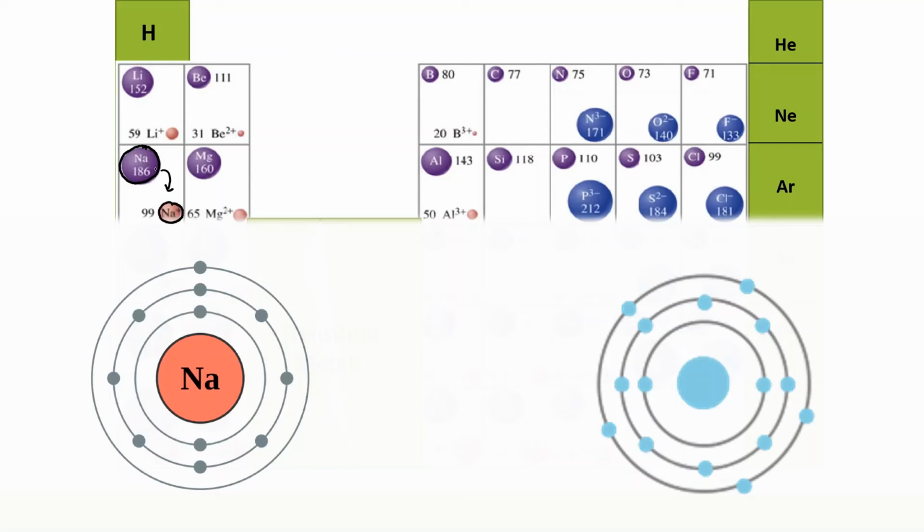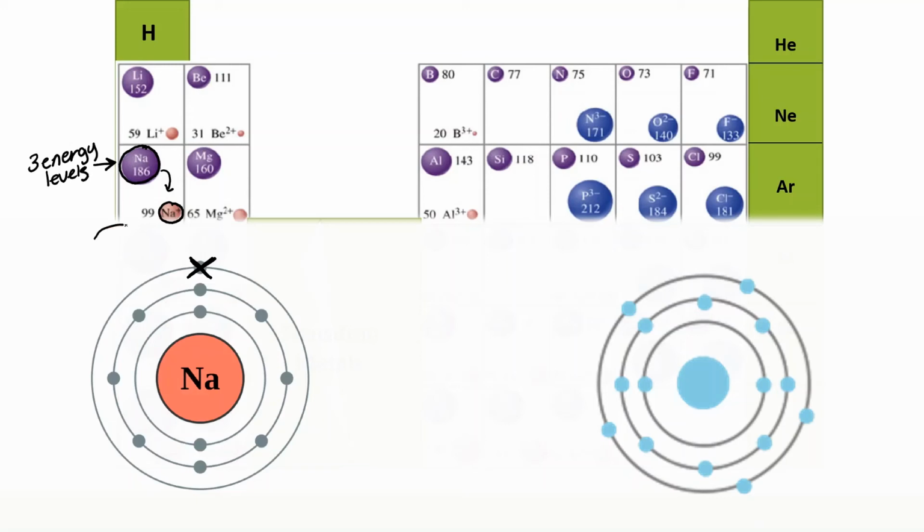Why is a neutral sodium atom so much bigger than an ion of sodium? Remember, we said that if sodium's going to be gaining or losing electrons, it's gonna want to lose its electron. So this neutral atom of sodium, originally it had 3 energy levels.